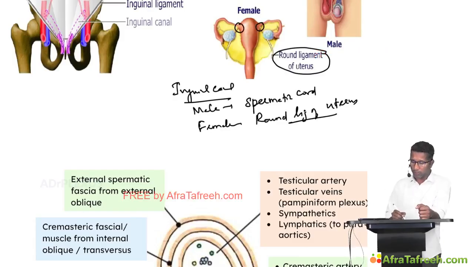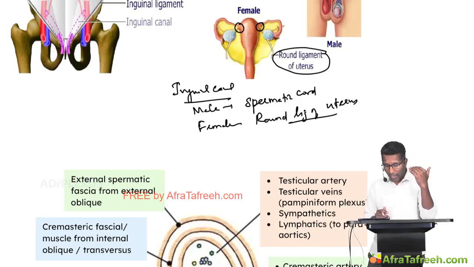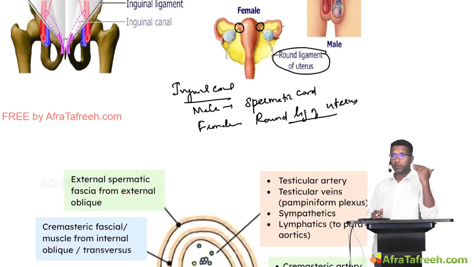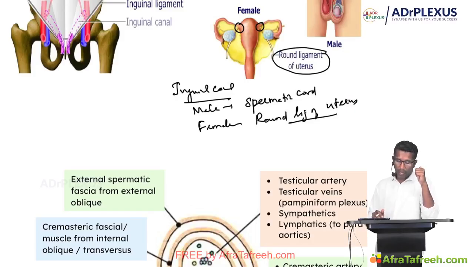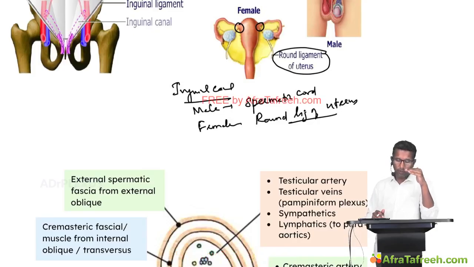This round ligament is responsible for maintaining the angle of anteversion. We will see tomorrow morning what the angle of anteversion and the angle of anteflexion are. But the round ligament is one ligament which helps in maintaining the angle of anteversion, attached at the junction of the fallopian tube and the body of the uterus.